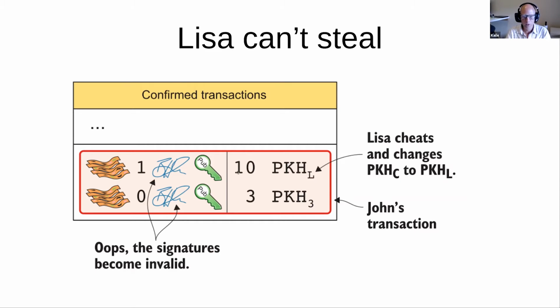And if she goes in here and changes numbers, those signatures will become invalid. And Lisa doesn't have the private keys to spend these outputs, because only the rightful owner has the private key. So Lisa can't do anything about the transactions themselves. She can't just go in and change numbers as she pleases.